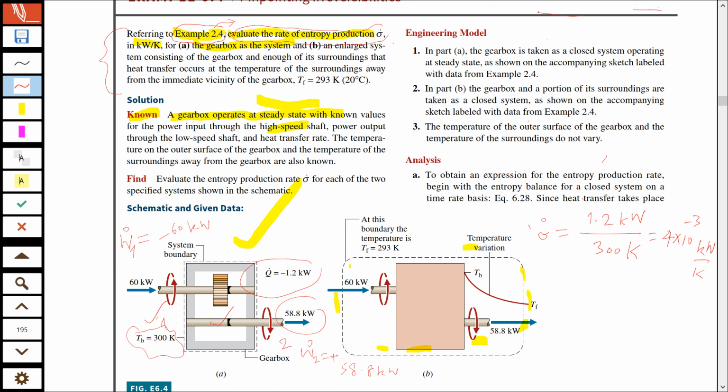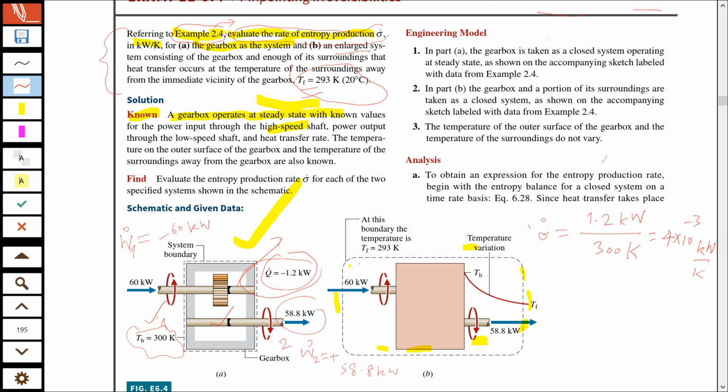Now let's enlarge the boundary. Enlarge it as much as to a point where you see that the surrounding, because the temperature of the surrounding will also be affected by this heat transfer. Because of this heat transfer out of this gearbox, you can expect the near portion of the surrounding to have a temperature change.